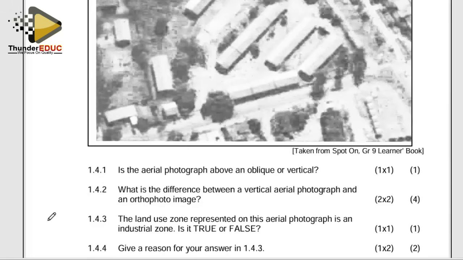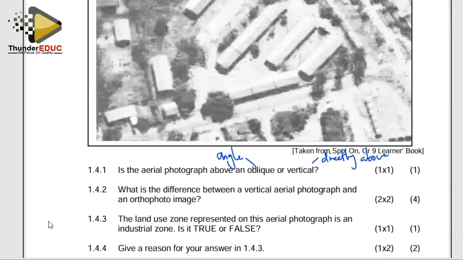Right, it says, is the aerial photograph above an oblique or vertical photograph? Oblique, we are saying, is taken at an angle, and vertical is taken from directly above, from a perpendicular angle. So which one is which?